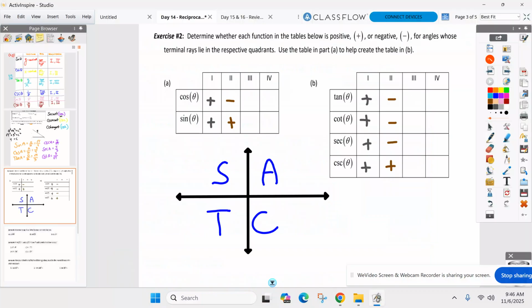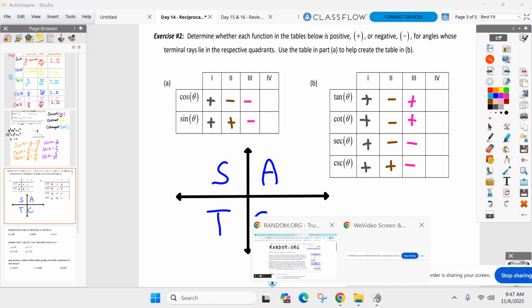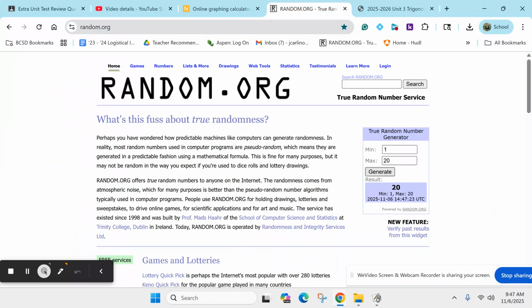Kaylee, ready back there for a little quad 3 action? Cosine in quad 3. Sine. Tangent. Cotangent. Because tangent is. Secant. Because cosine is. Cosecant. Because sine is. All right, not too bad. One more quad for somebody. Quad 4.